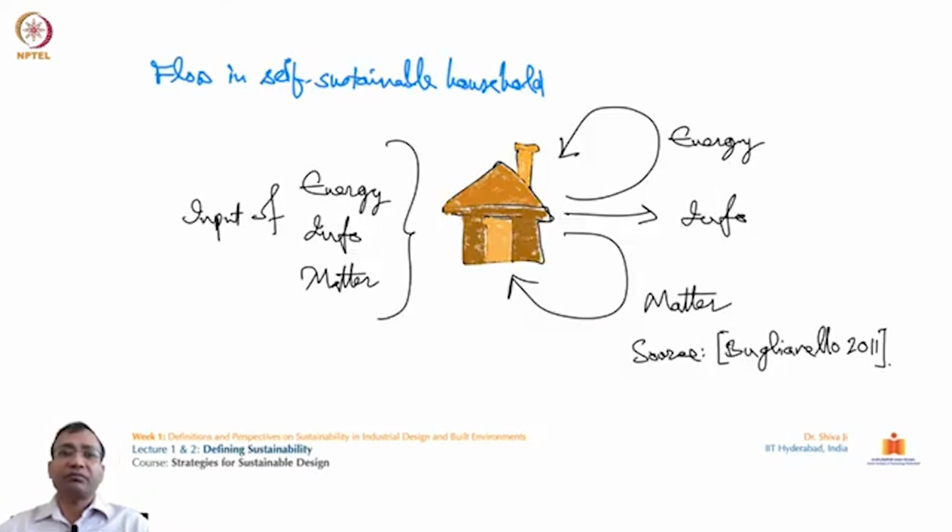Going back to a simple example of a house, a house consumes energy, takes in information, and utilizes matter. Energy is consumed and comes back to it, matter goes and comes back to it, but information is one thing which flows outside.